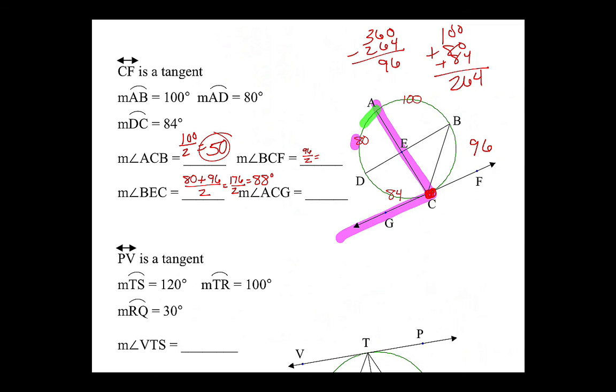It goes from A all the way around to C. So there are two pieces of arc there. There's 80 and 84, which is a total of 164. So that means this angle ACG should be the entire 164 divided by 2, which is an 82 degree arc.